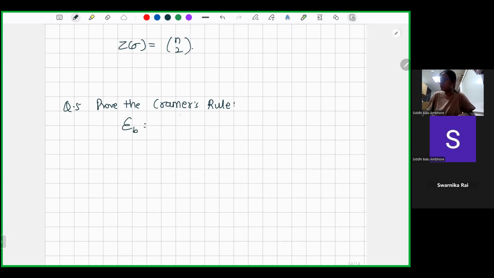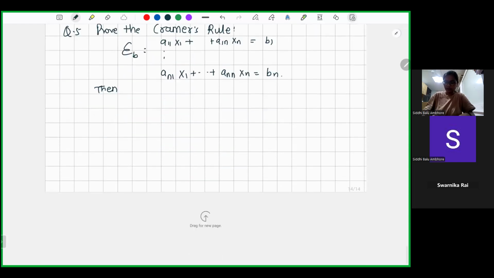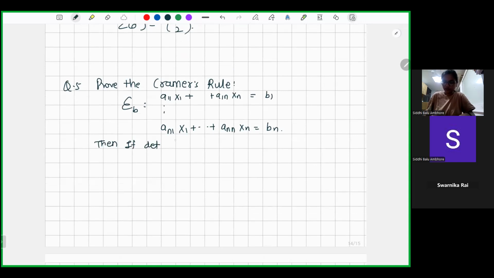If my system is a11 x1 plus up to a1n xn equal to b1, and so on, an1 x1 plus up to ann xn equal to bn, then if the determinant of this matrix aij is non-zero, so if Ax is equal to b and the determinant of A is non-zero, then each xi is the determinant of this matrix, or xj.